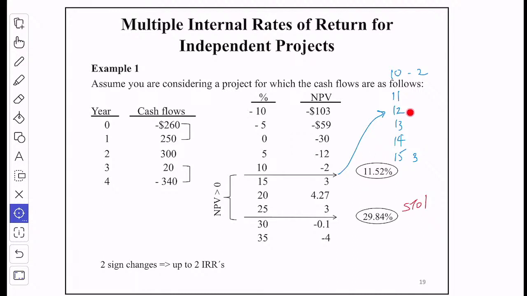So we know it's between 10 and 15, so we blow up this range and we start picking in here. So let's do 11, 12, and 13. Let's see what happens. We know it crosses over by 15, but we want to get closer to the internal rate of return.